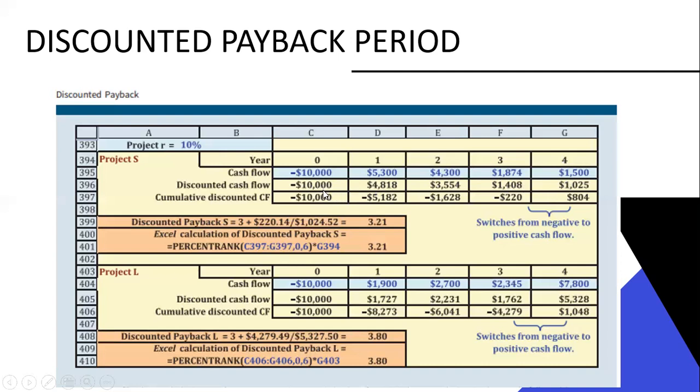Then you use a similar method to see how many years it takes to recover the $10,000, and that gives you an answer a little different from the normal payback period. If you're feeling slightly overwhelmed, I wouldn't worry, because once you do the practice questions, you will understand, and it will be easy for you to calculate these.